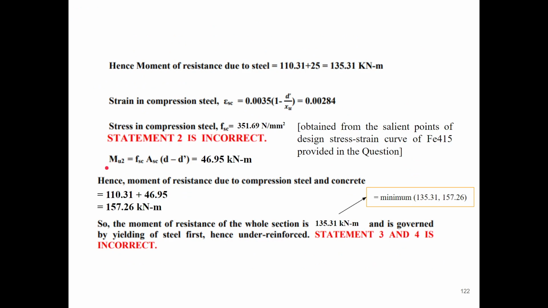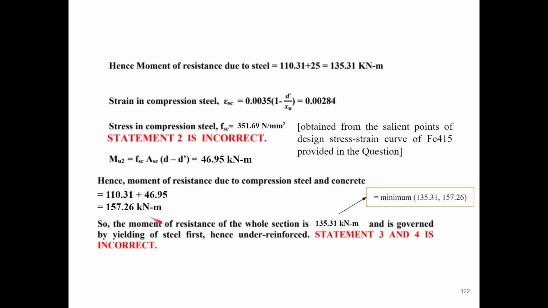Therefore MU2 is fsc ASC into (d minus d prime), which comes to be 46.95 kilonewton meter. So the moment of resistance due to compression steel and concrete, that is due to concrete failure, is 110.31 plus 46.95, which comes out to be 157.26 kilonewton meter.